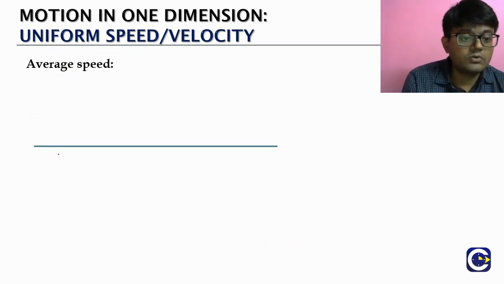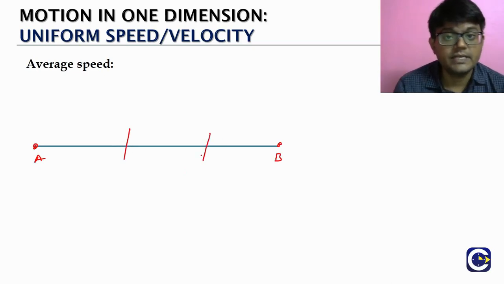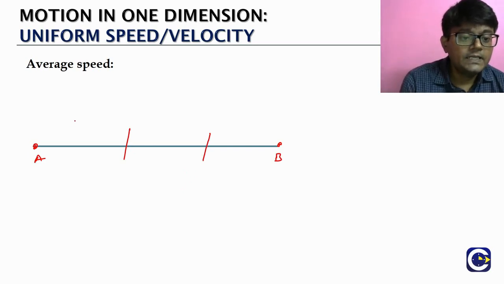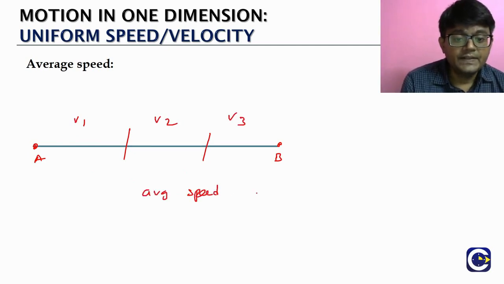So when we talk about a journey, let's say there is a total journey starting from A to B. We split the journey into multiple parts. Maybe we can divide the journey into 2 parts, or 3 parts, whatever number of parts. Here the speed is V1, here the speed is V2, here the speed is V3. The total average speed will be related to these V1, V2 and V3 values.